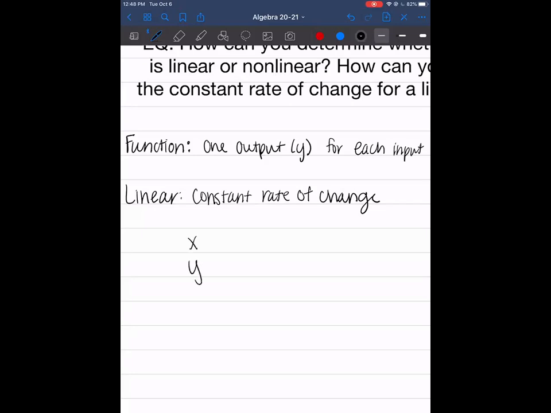I have x and y. If I had the x values of 3, 6, 9, and 12, and y values of 36, 30, 24, and 18.